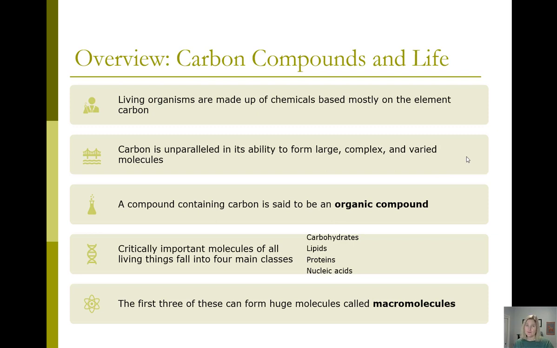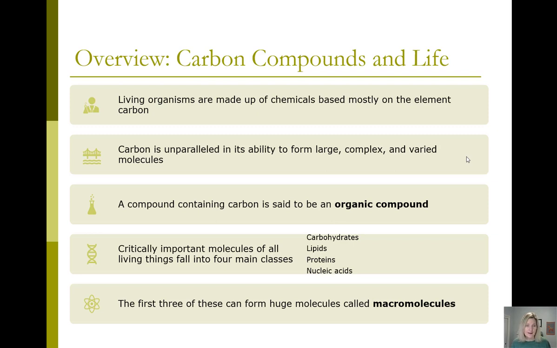Last time we talked about the valence shell, where those electrons are. Because it has 4 valence electrons, it can form a lot of complex and varied molecules, since to fill its outermost shell it has to gain 4 electrons or lose 4 electrons. That makes it a very versatile element.